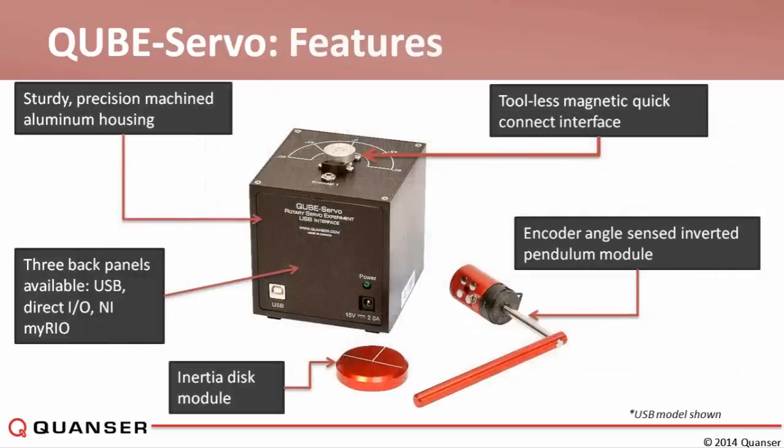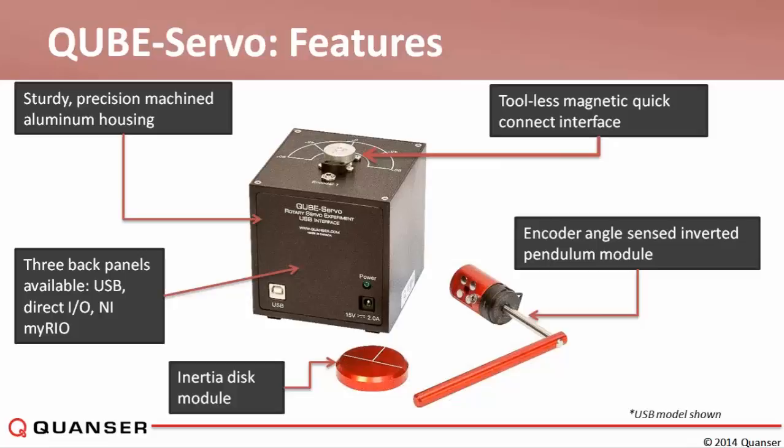Here is a quick overview of the hardware itself. On the top, we have a toolless magnetic quick connect interface. This allows you to take either of the two default modules we provide with the QUBE Servo, the inertia disk and the inverted pendulum, and quickly swap between them using magnets.